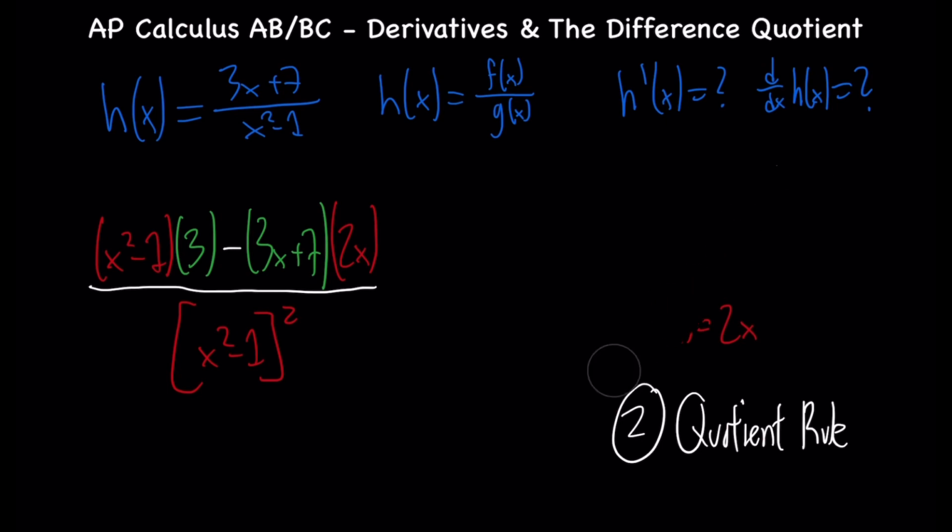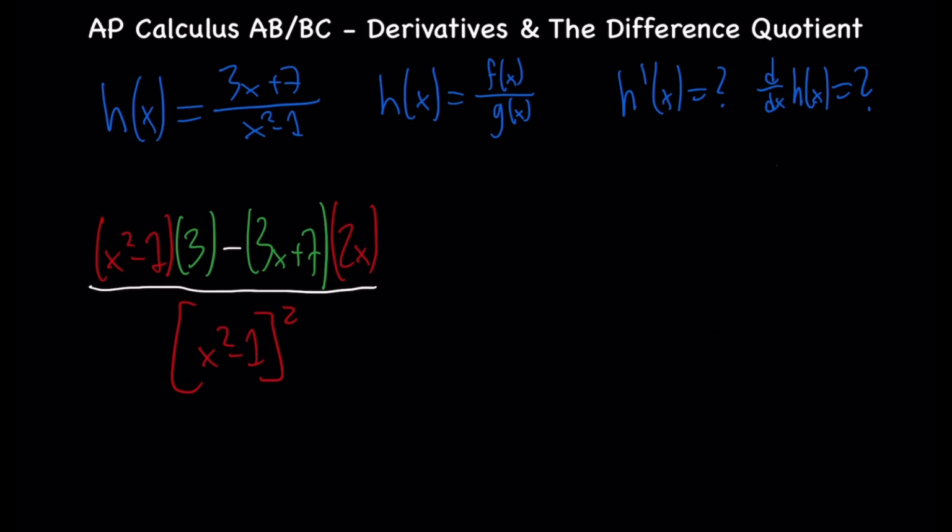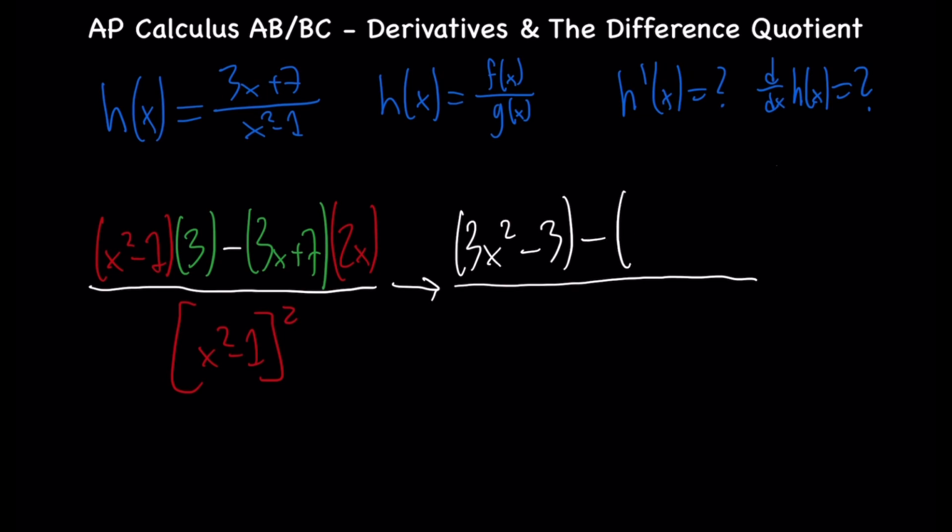Okay, now you're going to want to simplify this. So you have 3x squared minus 3. It's one part. And you got 6x squared plus 14x.